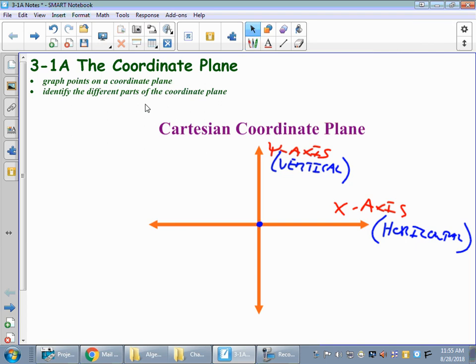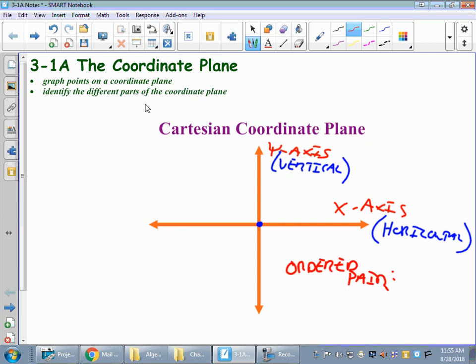An ordered pair is a location somewhere on the coordinate plane, and it's going to be labeled with an xy coordinate, x comma y. So somewhere on the x and somewhere on the y.